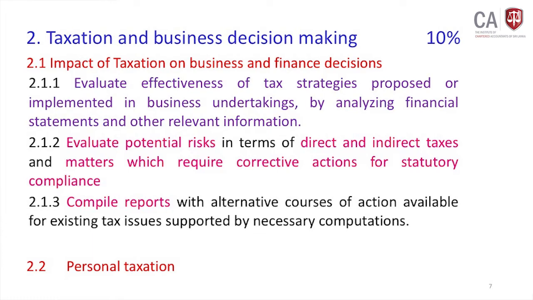Now you may have a question: why have I selected this part along with company taxation? What's the relationship? There is a relationship. This taxation and business decision making is tested more or less under your 50 marks question.